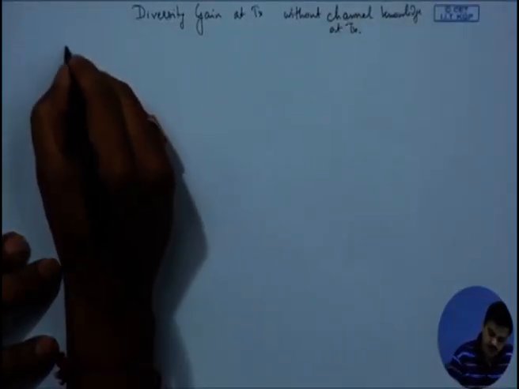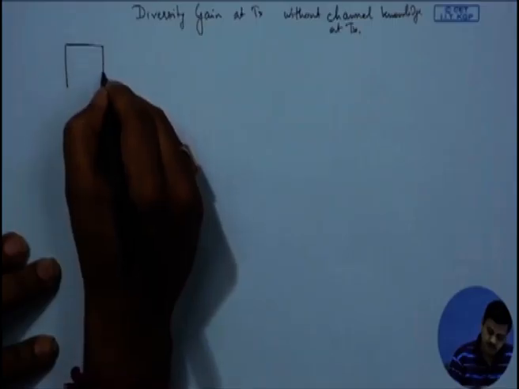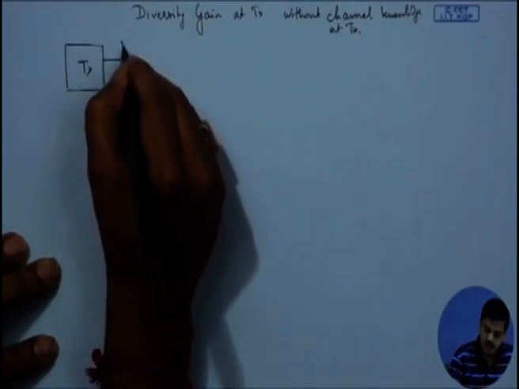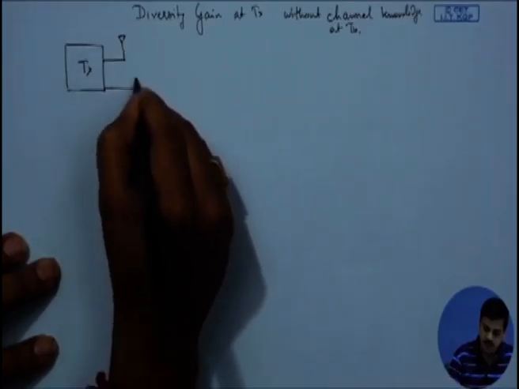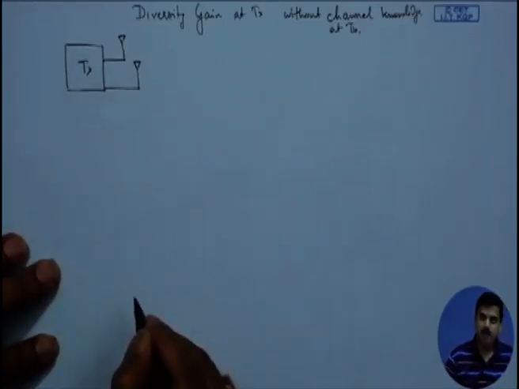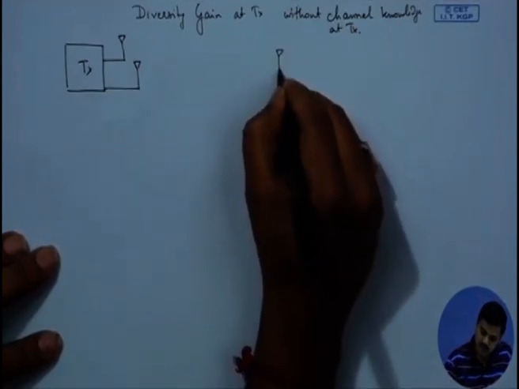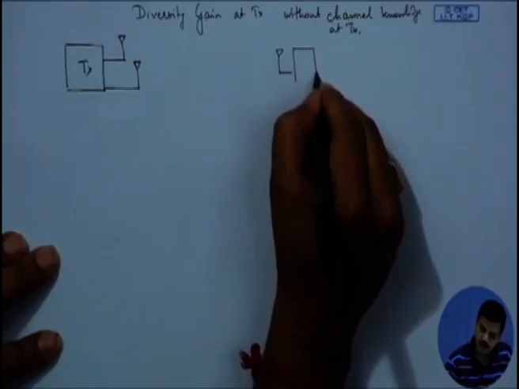So we will take a look at a very, very simple situation, and we'll assume that there are 2 antennas at the transmitter. This is the minimum number of antennas that you can have in order to obtain spatial diversity, and let the receiver have only 1 antenna.